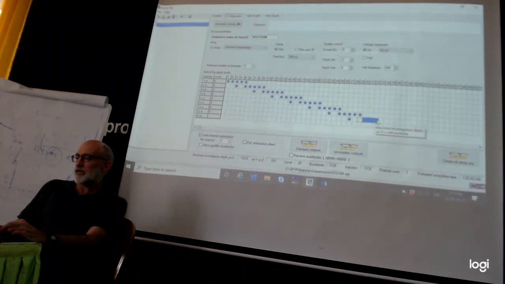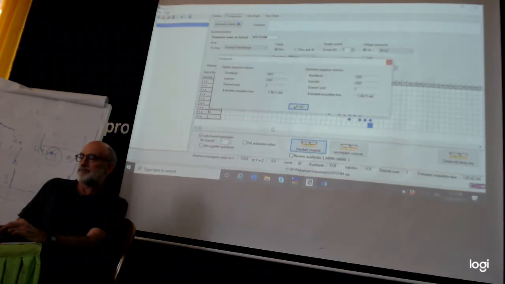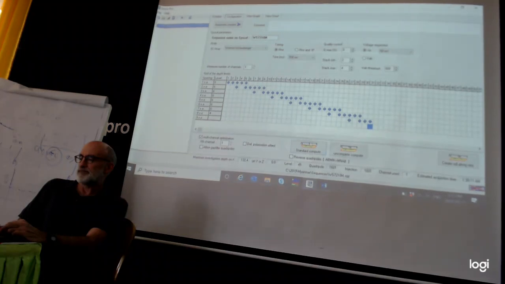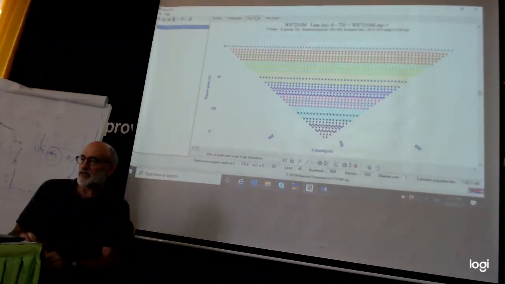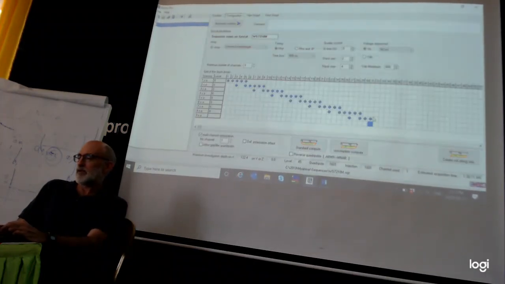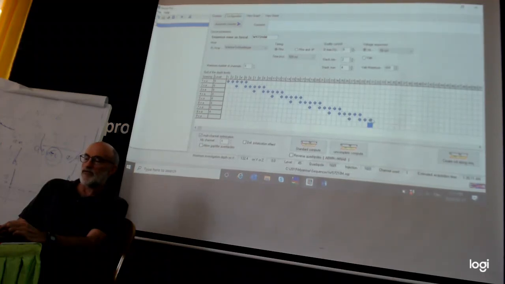How far am I going to go here now? So I got out to there. And so we're still getting significant depth down at that 132.4.